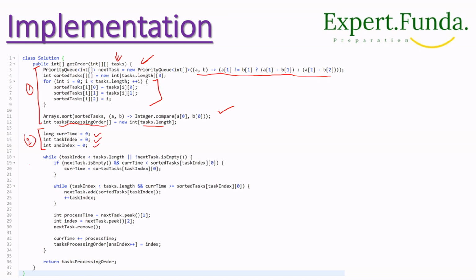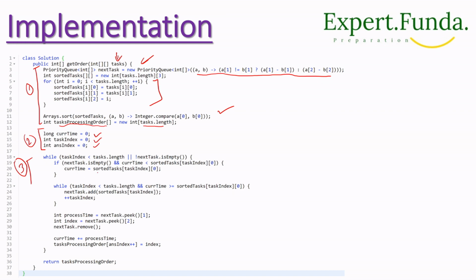So after that we will come to step 3, and here while there are tasks in the sorted task array that have not been added to the min heap, or there are tasks remaining in the min heap, right. So what we will do, we will check if the min heap is empty, and if the enqueue time of the next task is greater than the current time, then we will update the current time to the next task in the queue, right?